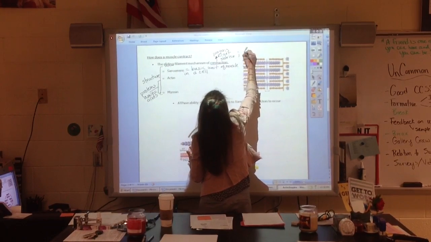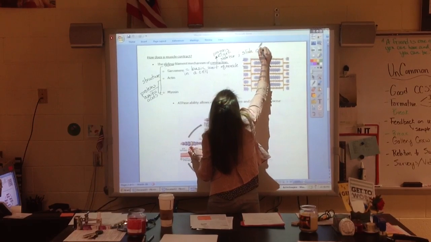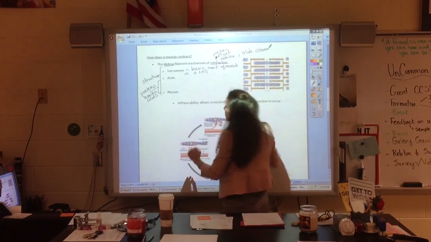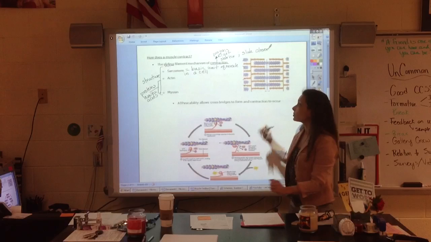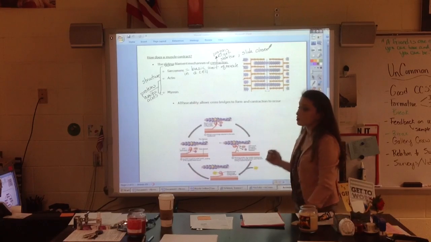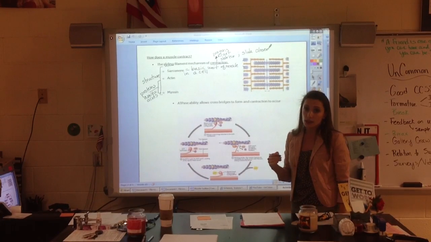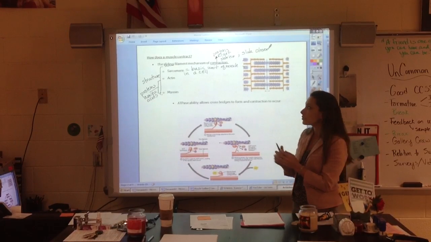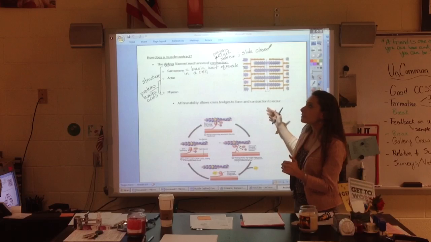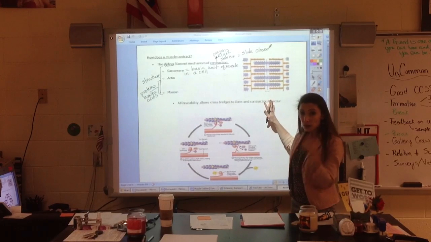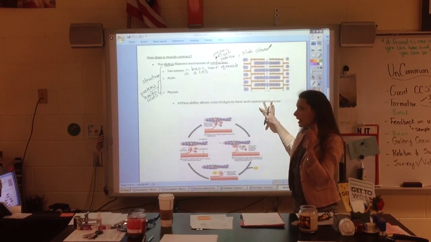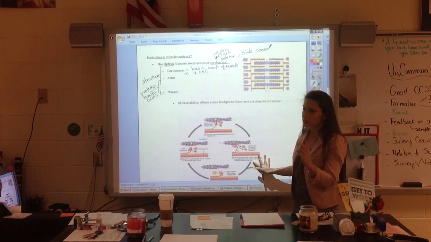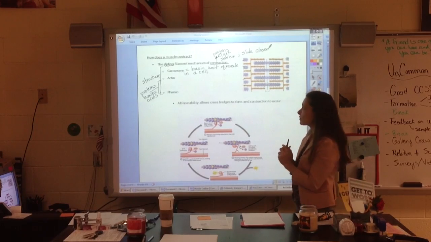They actually slide closer. We don't have to memorize it anymore, but you used to have to be able to identify different parts of the sarcomere, like the Z-band and all of these different things. We don't have to do that anymore because what we're focused on now is the idea of muscle contraction, how a muscle knows how to contract, and what this looks like on a cellular level.